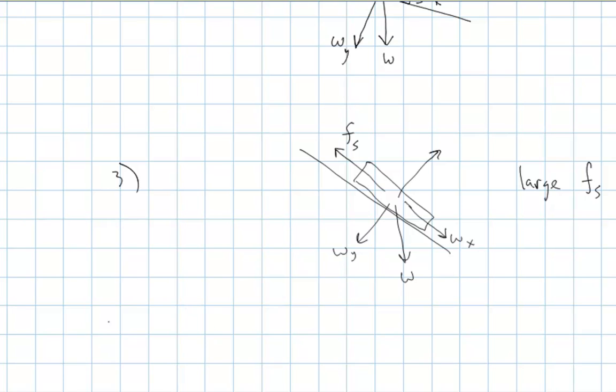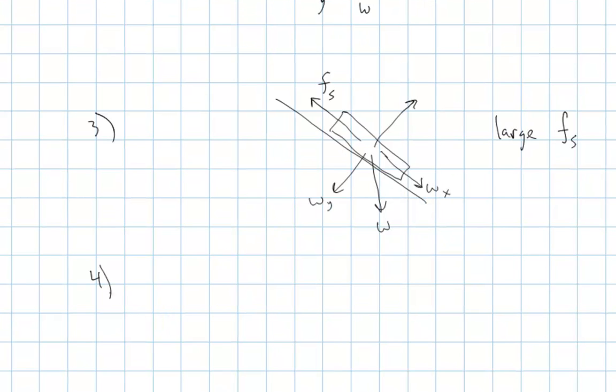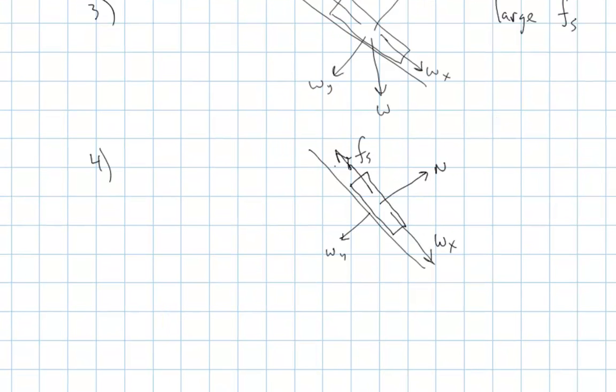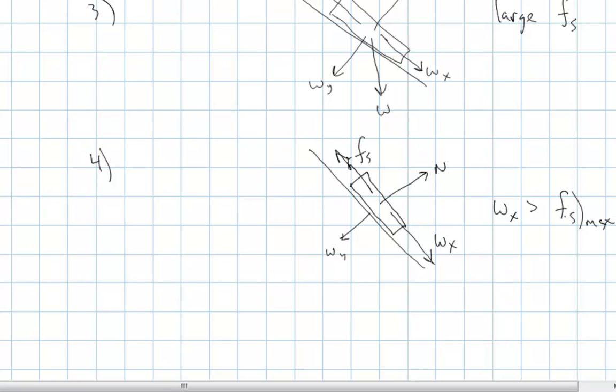And if I increase the angle even more, I will eventually get to the point where the weight in the x direction is greater than the maximum static friction force, and the book slides down the table.